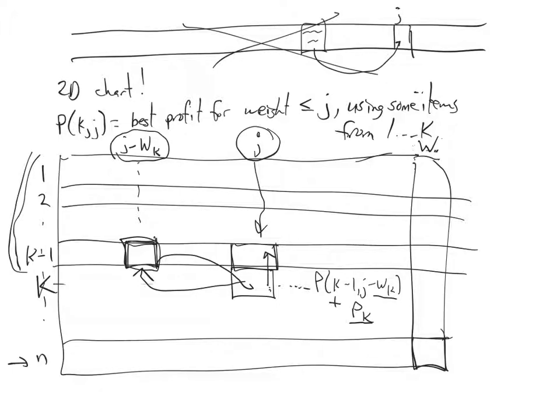And the other possibility is the cell straight above, which is just P of K minus 1, J. That corresponds to just not choosing to use item K at this point. We might later, when we want to have more weight to play with. But at this cell, those are the only two possibilities. You either use it or you don't.